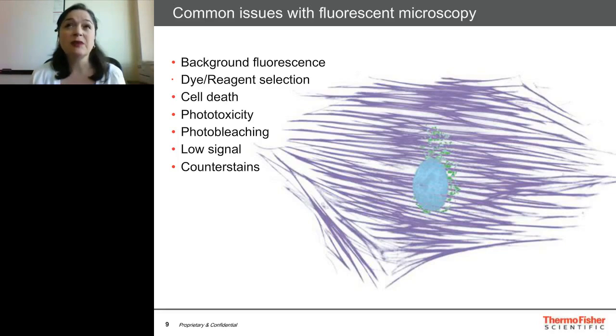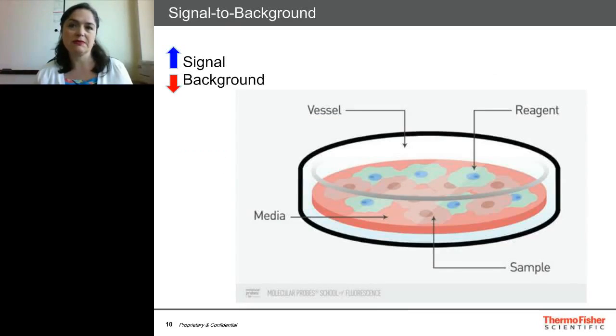Sometimes you might run into problems where your cells seem to be dying once you put them on the microscope, or you might have experimental questions about how many cells are dead, how many are alive. We'll go over some reagents that can help there. And then there's also issues of phototoxicity. We're going to explain what phototoxicity is and some ways to avoid it. Same with photobleaching and other common problems.